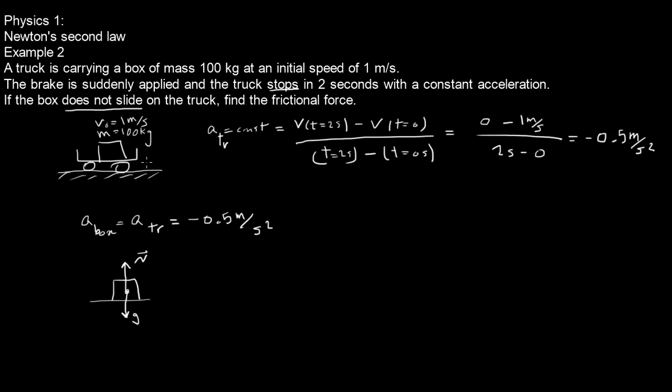So if the truck is moving this way, let's say it's x, this is y, and let's say this is attached to the ground. So positive x, the truck is moving in positive x, and this is negative. Therefore the frictional force is in this direction.